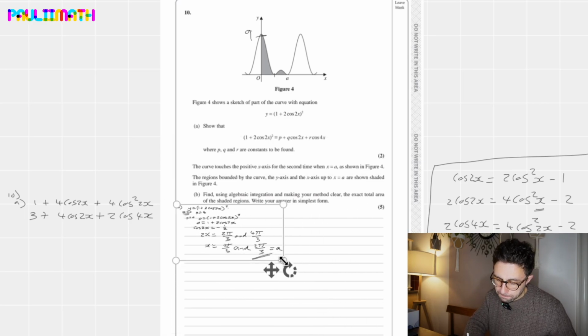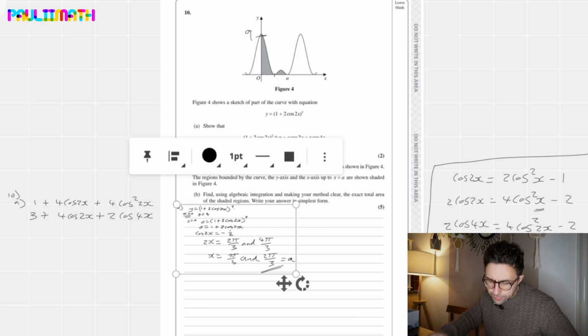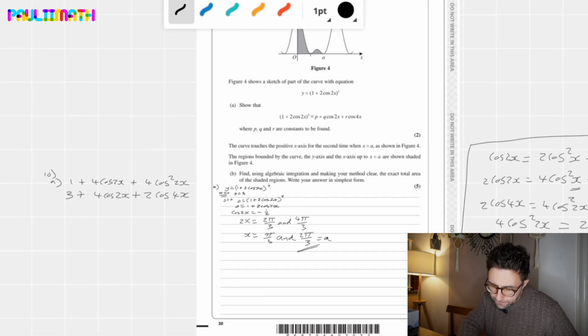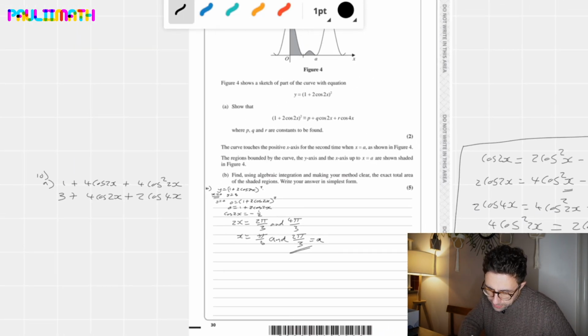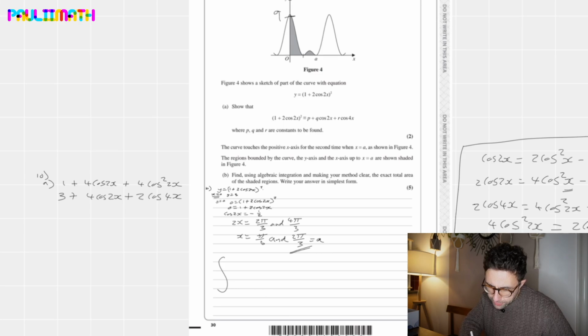Okay. Now we can integrate. And we've done the hard work in part A. So hopefully it's not too bad to integrate between 0 and 2 pi over 3 of 3 plus 4 cos 2x plus 2 cos 4x.